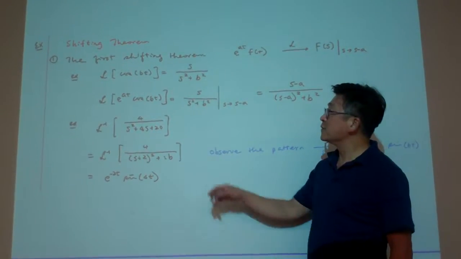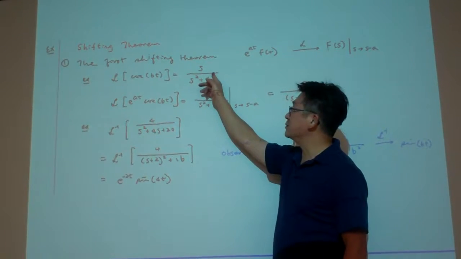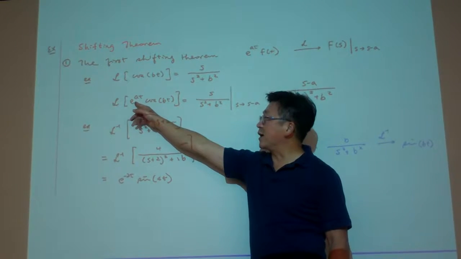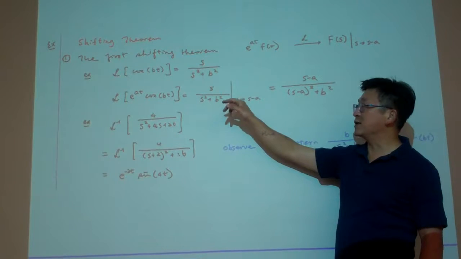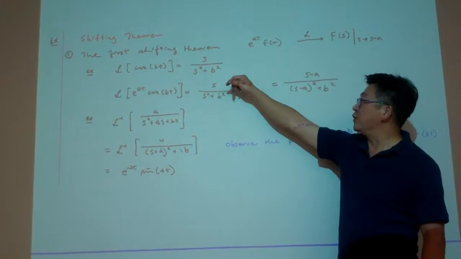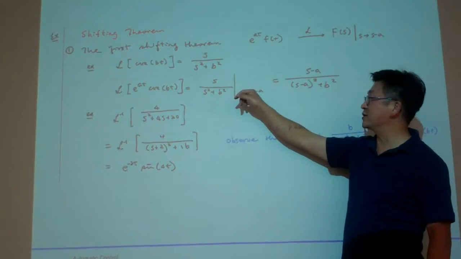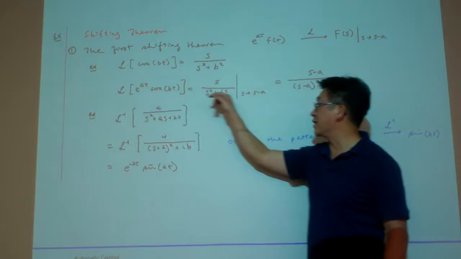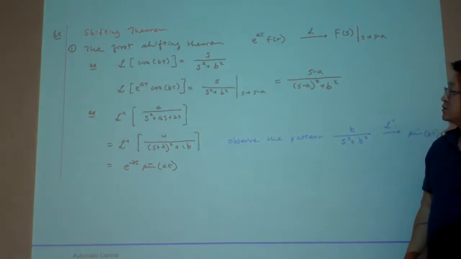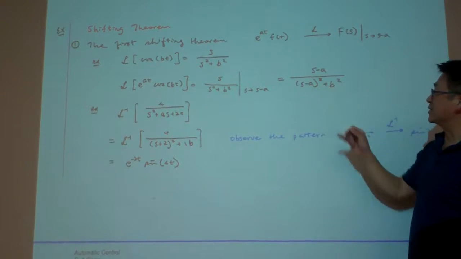You work on the generic template, and whenever you multiply in the time domain with exponential functions, equivalently in the s function you simply replace s with s minus a. If it's positive a, here is minus a. So for this example we simply replace it like this.